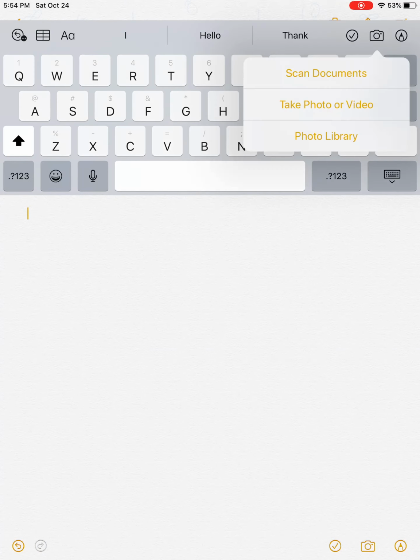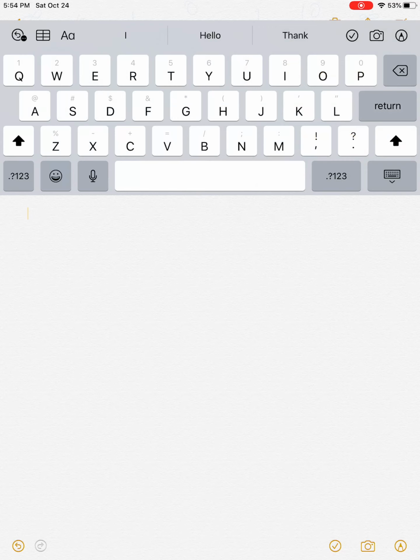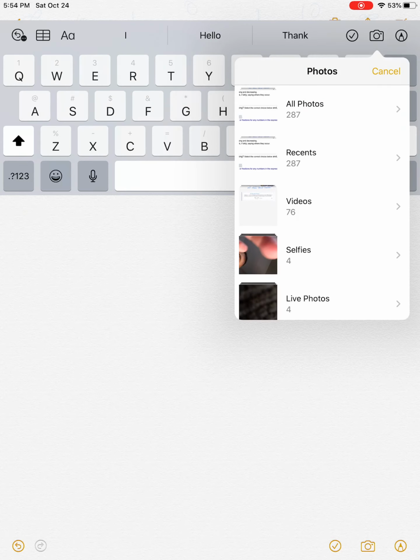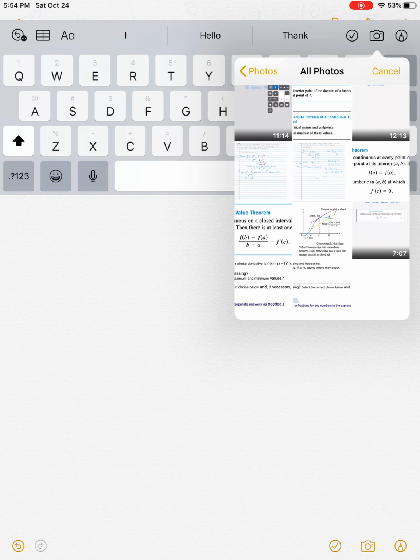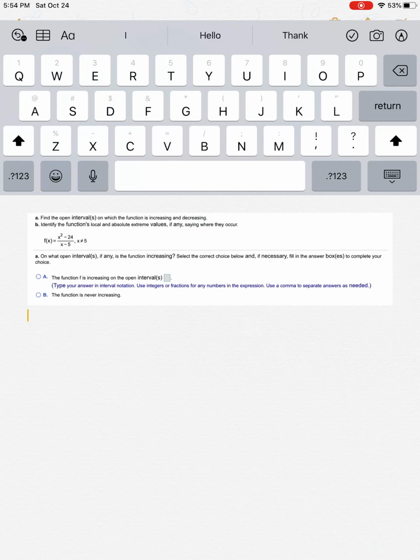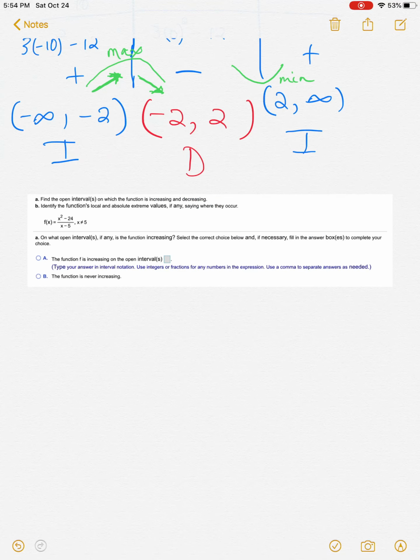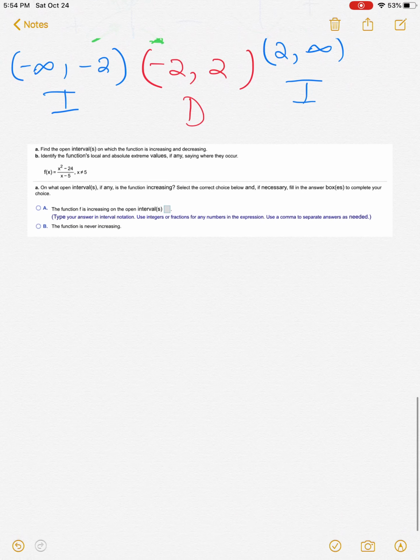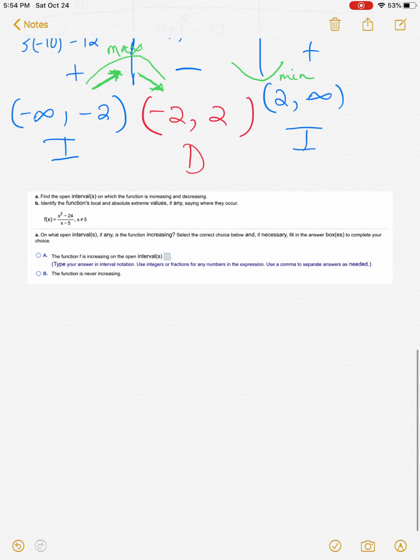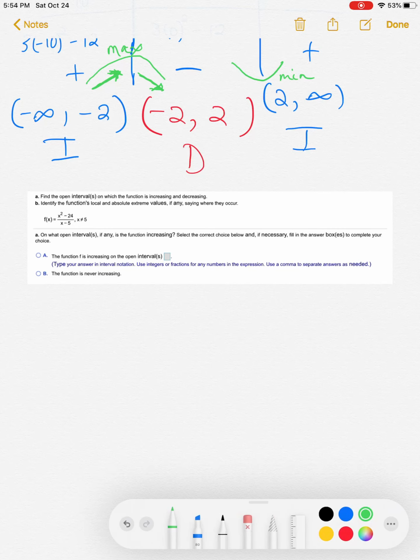All right. Check this guy out. And let's take this one. Done. All right. It says find the intervals on which the function is increasing and decreasing.